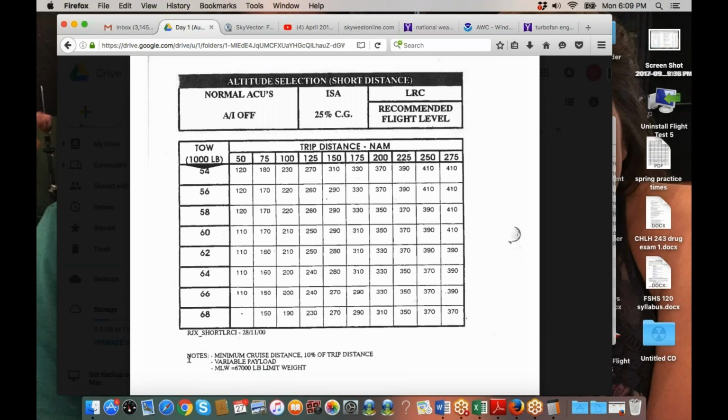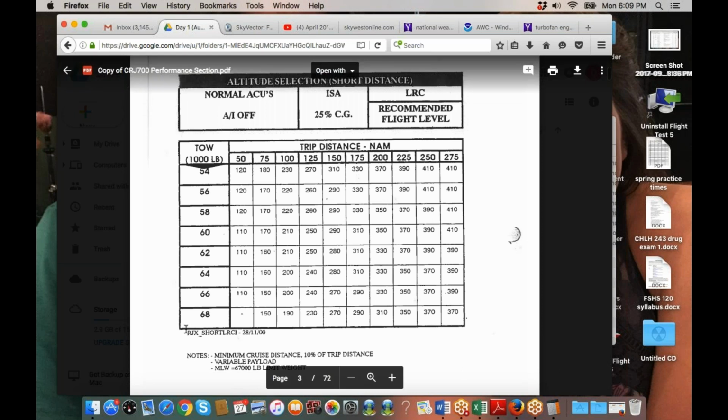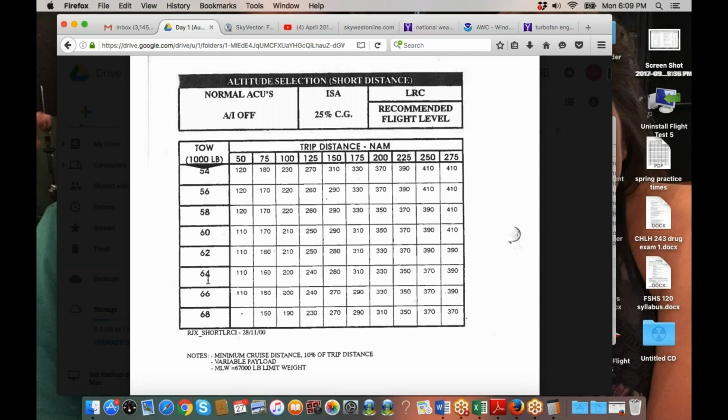So we're talking about our takeoff weight here, and then distance. Some of these seem realistic. Some of them, if it's hot out, they may not be getting to. So if we're taking off at 54,000 and heading 50 miles, we get up to 12,000.